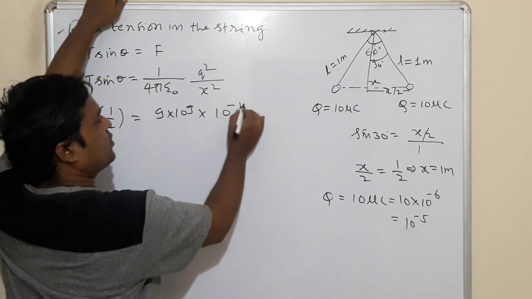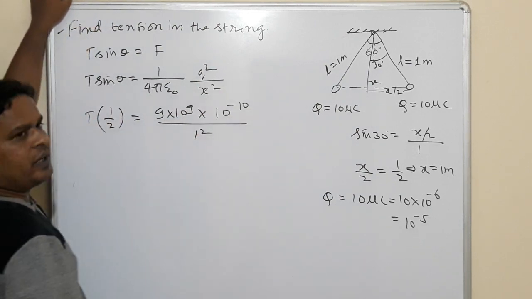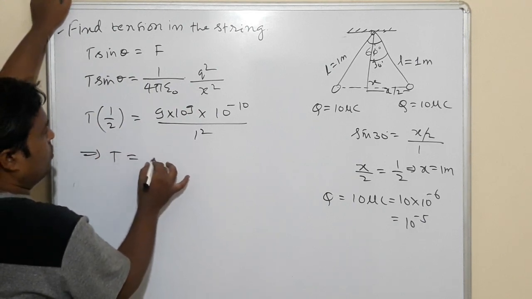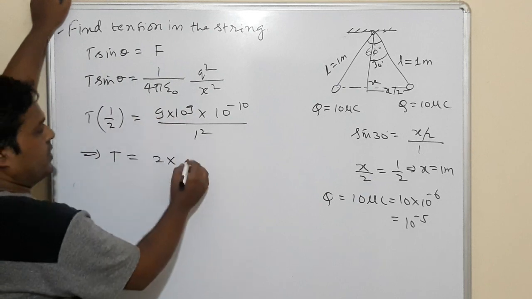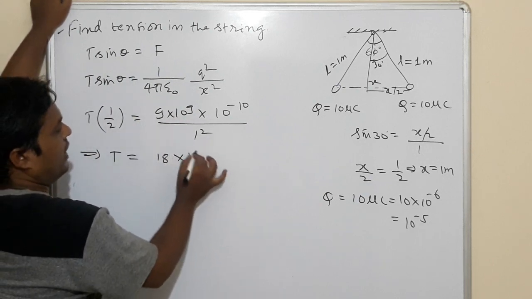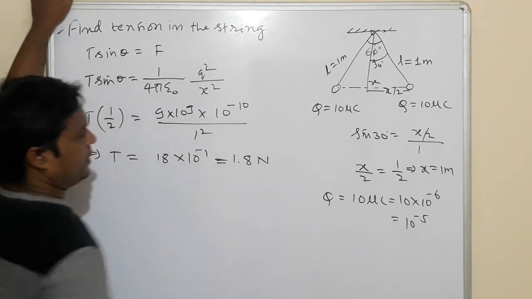Whole square will be 10 raised to minus 10, divided by x square, which is 1 square. So T is equal to 2 into 9, which is 18, into 10 to the power minus 1, which is equal to 1.8 Newton.